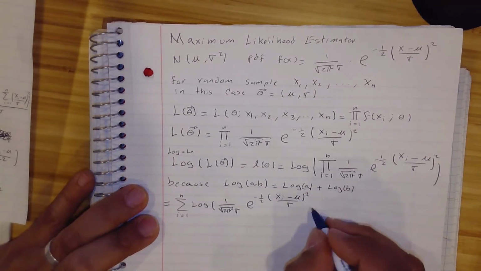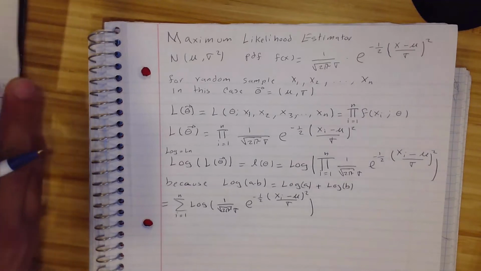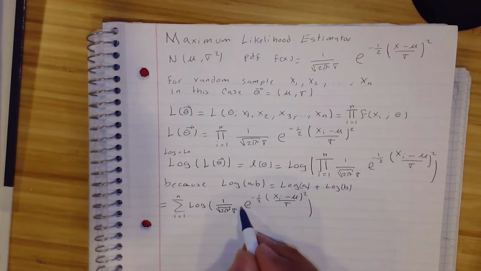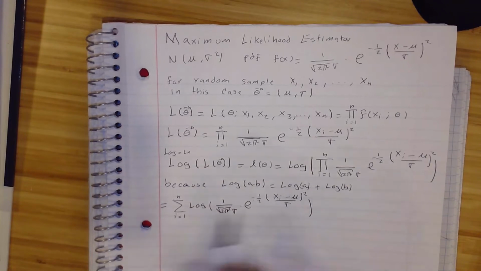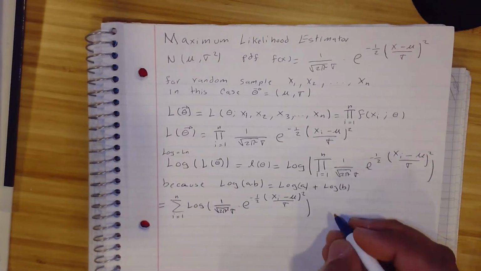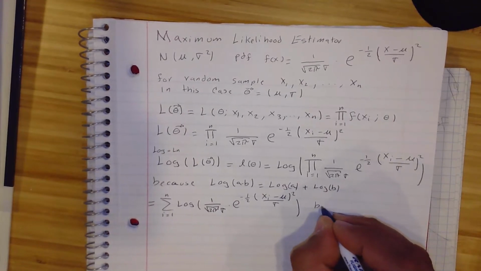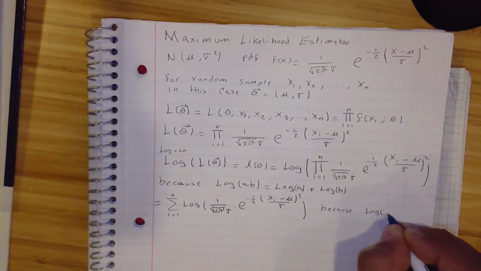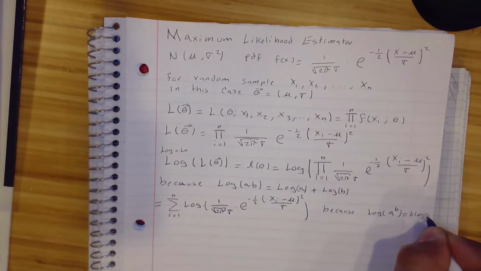Okay, so now what should we do here? We can try to include this log inside of this multiplication also, and put these exponents aside also, right? Because we have the log of a to the b will be b log a.